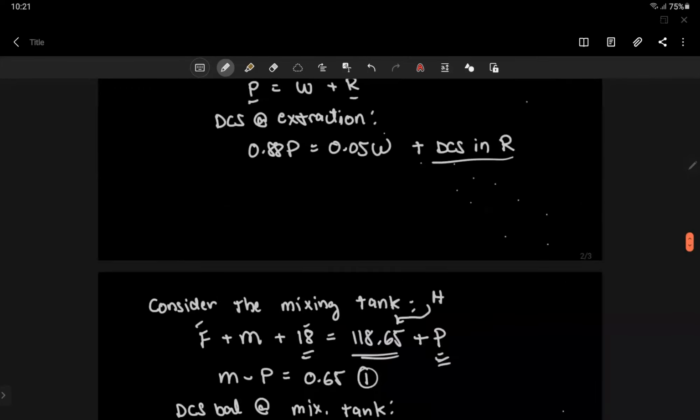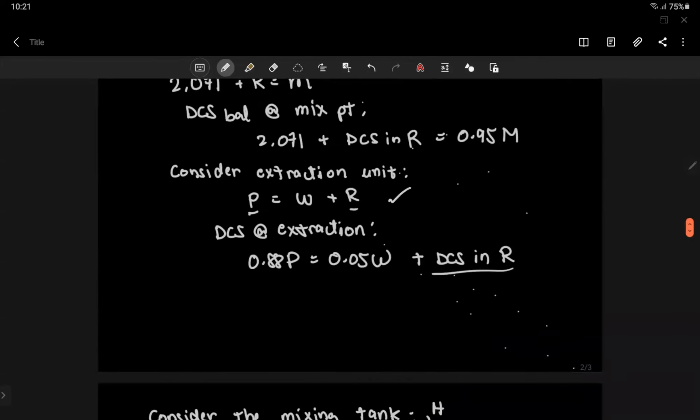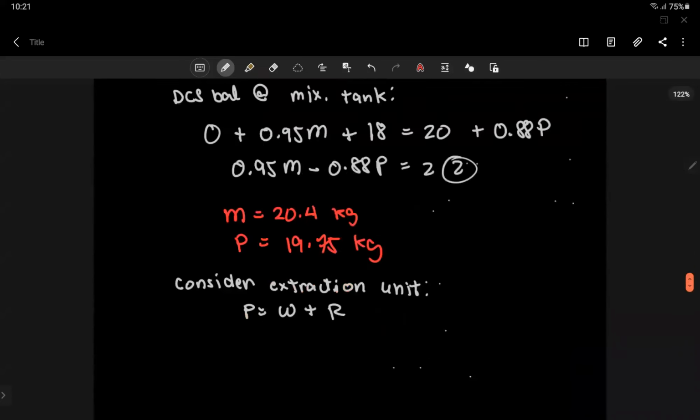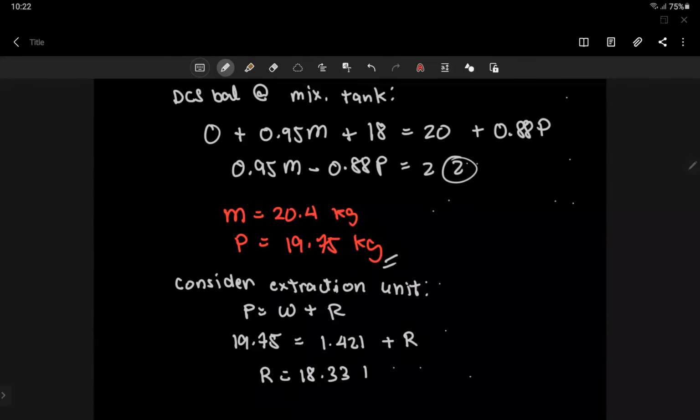Kanina ginawa natin yan. Now, we already know P, 19.75. We already know W, kanina pa yon, which is 1.421. So ang ano na lang dito ay R. So therefore R, we can solve it to be 18.33 kilogram. Ayun.